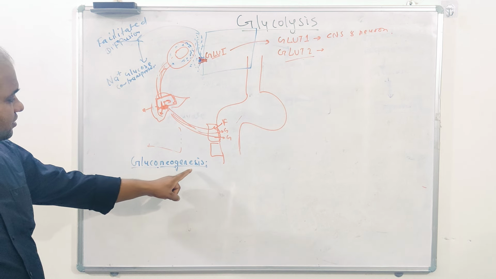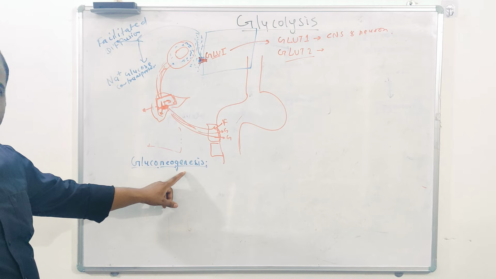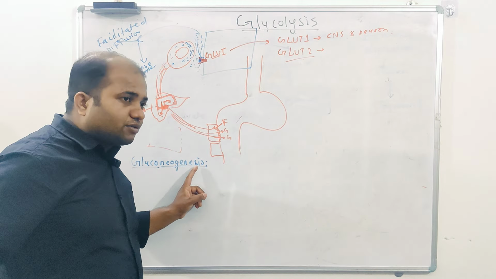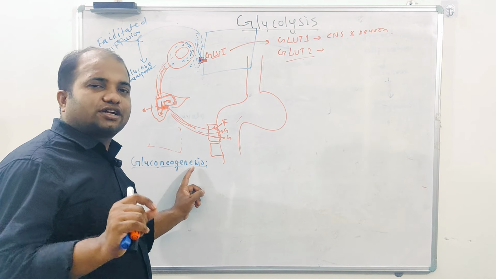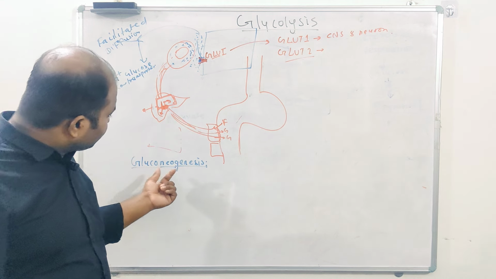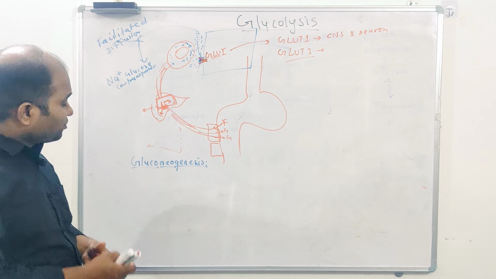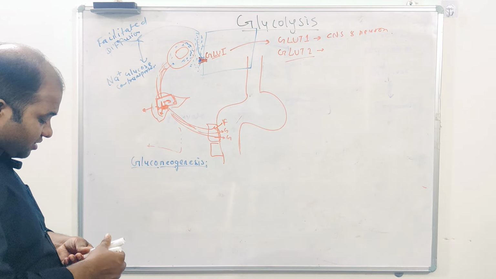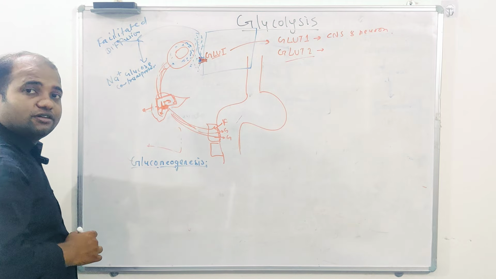When the glucose formation is from protein also, that is also called gluconeogenesis, right? So formation of glucose from either fats or proteins, or in a simple word, from a non-carbohydrate source, is known as gluconeogenesis, and the most common organ which does this is the liver, right?